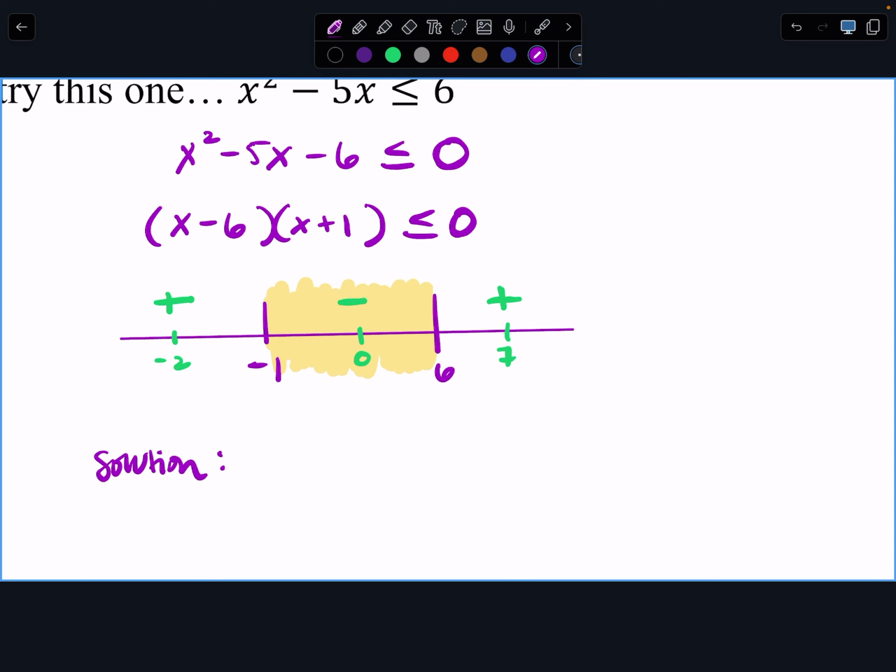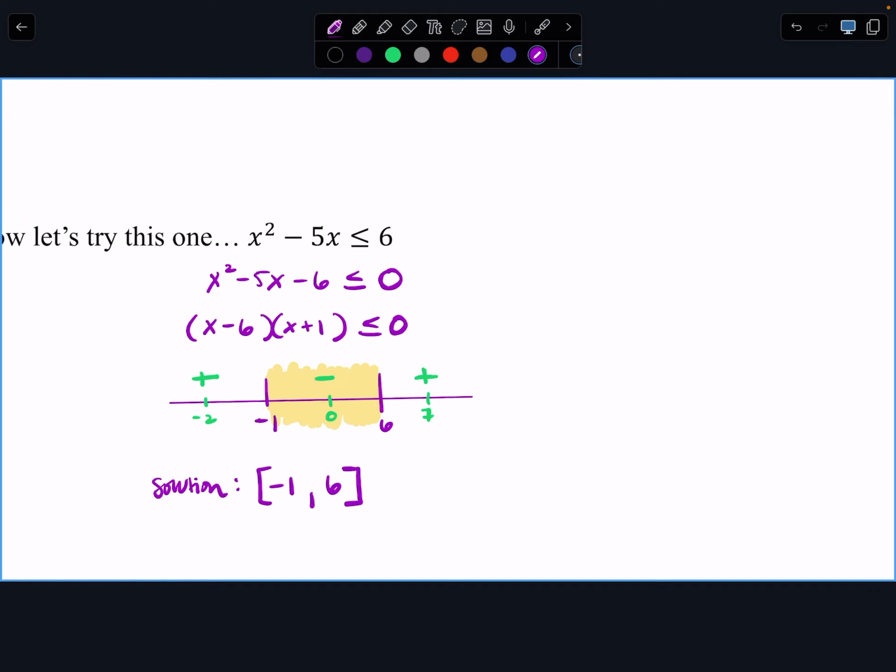If we plug in -1, does that give us a true statement? It does. So we would want to include -1. And what about if we plug in 6? Yes, because 0 is less than or equal to 0. So we can plug in 6. And there we go. The interval from -1 to 6 would be the solution set to this inequality, meaning if you choose any real number on this interval, this would be a true statement.